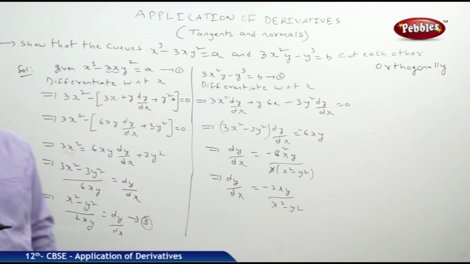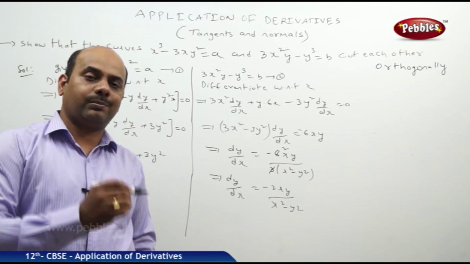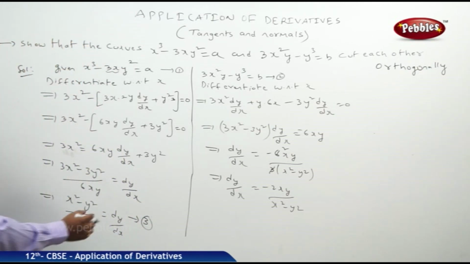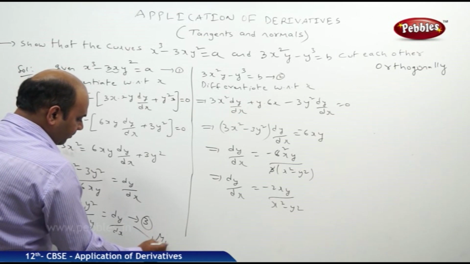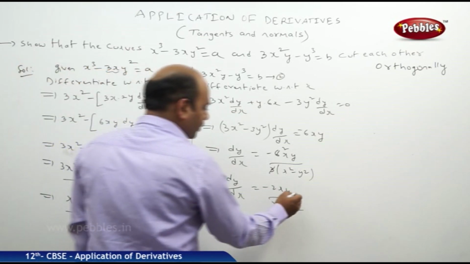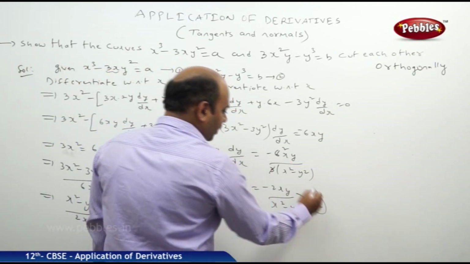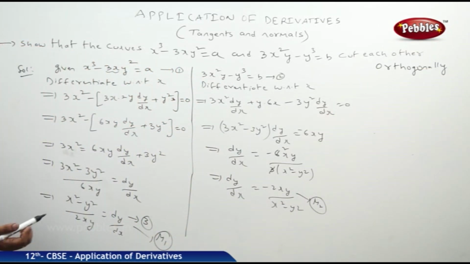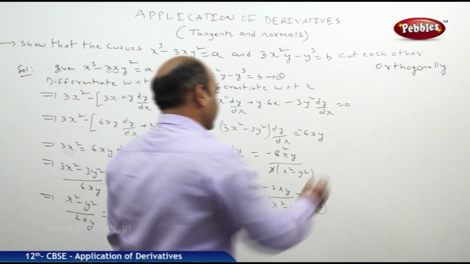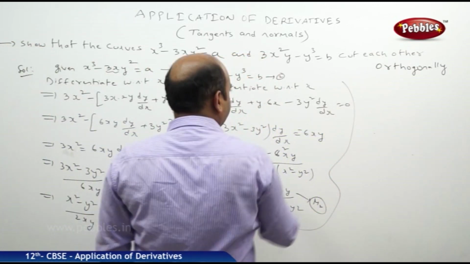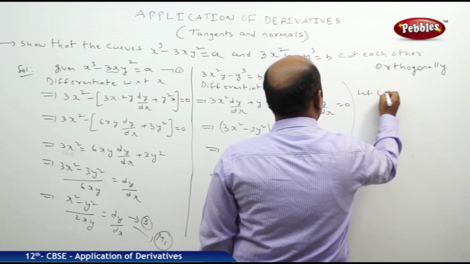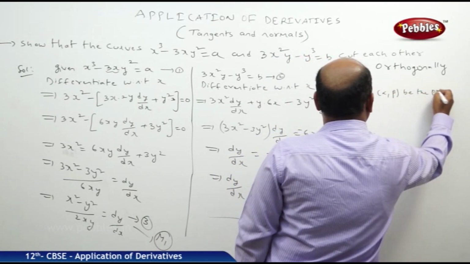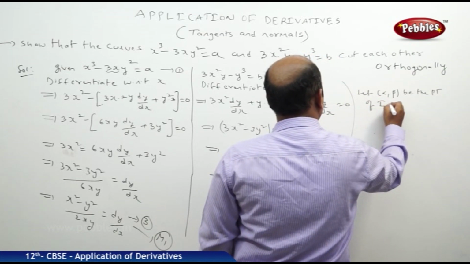In general, dy by dx, as we discussed, represents the slope of the tangent to the curve. Let us call the first dy by dx m1 and the second m2, and let alpha comma beta be the point of intersection.